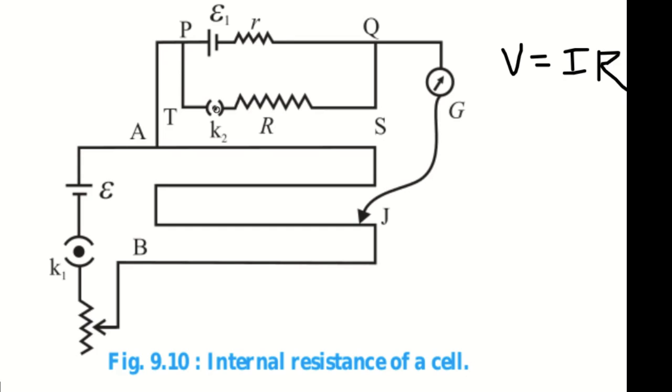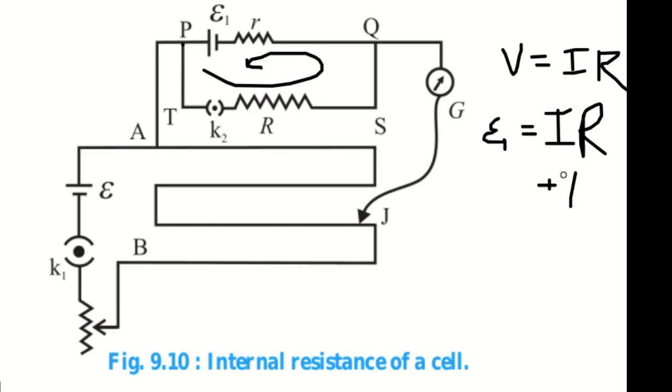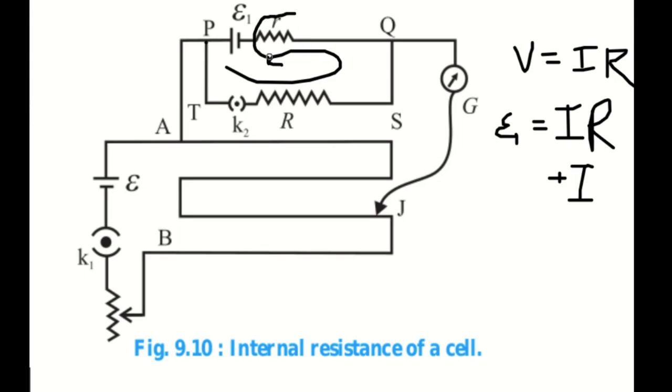Now close this key, so the current will flow through this circuit, and if this current is I, we consider this loop PTSQ, ending again at P. If we consider this loop, we can write an equation using Kirchhoff's law: epsilon 1 is equal to I into capital R plus I into the internal resistance, small r.